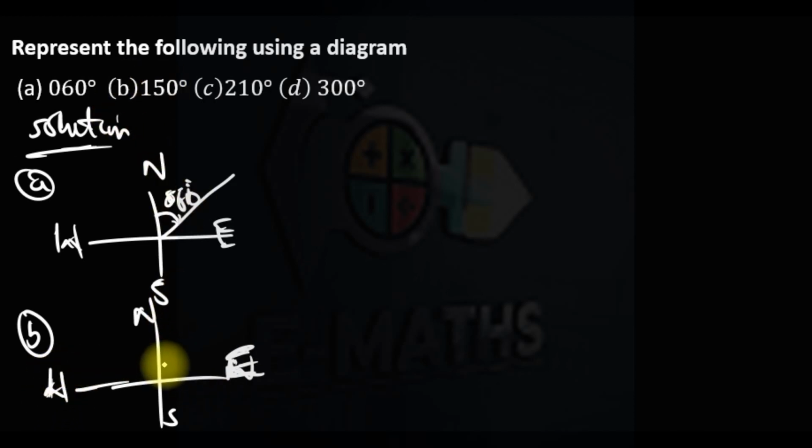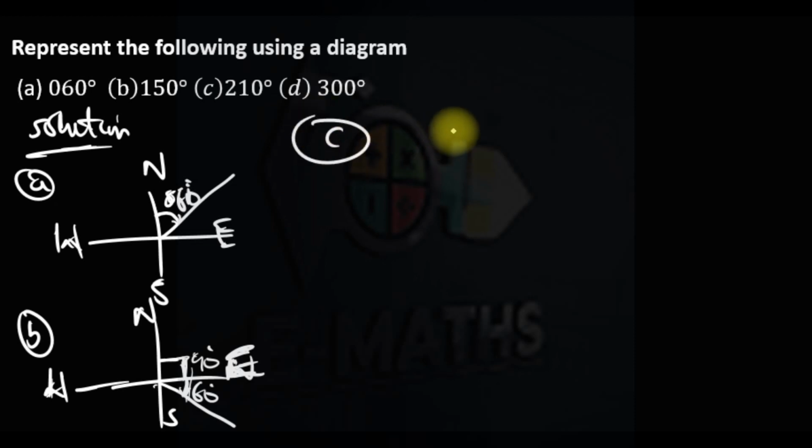This is 150. As you can see, this is 90, we've moved 90. So 150 should be 60 more. The total is 90 plus 60, which is 150. So that's the bearing. I've represented 150.